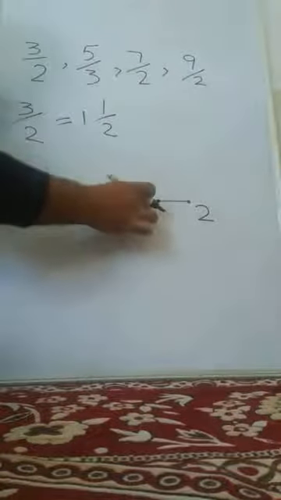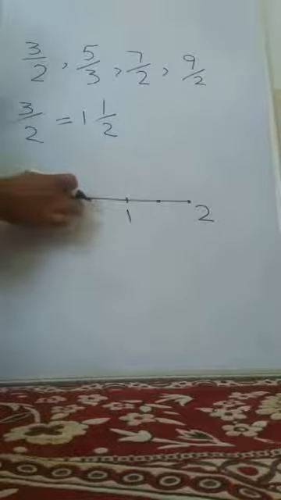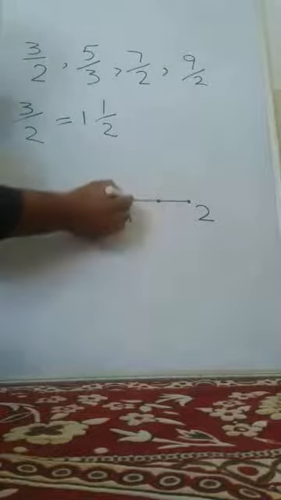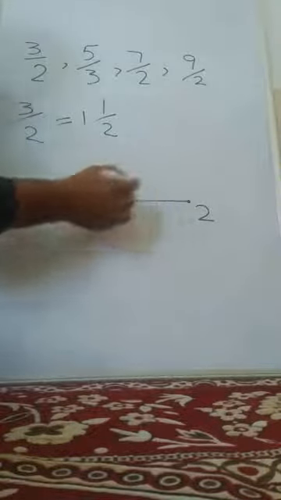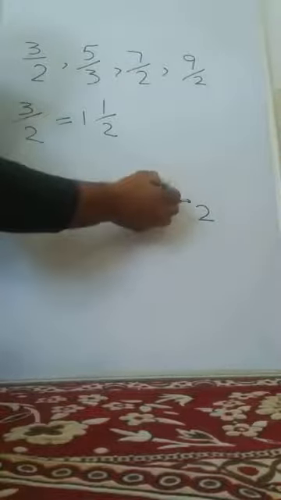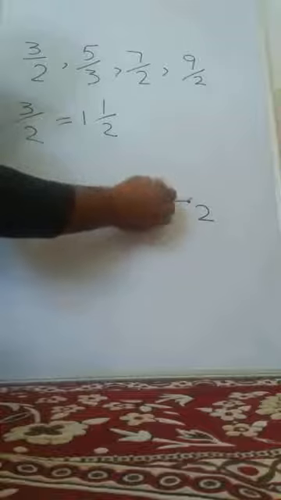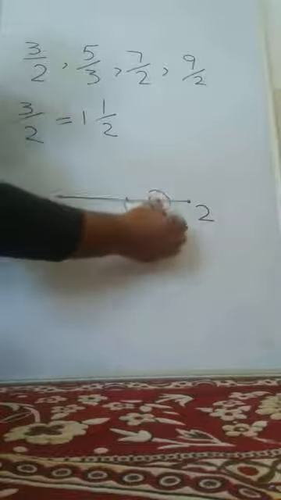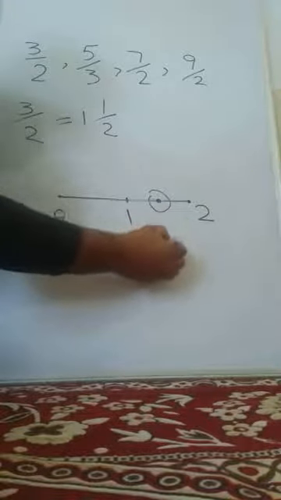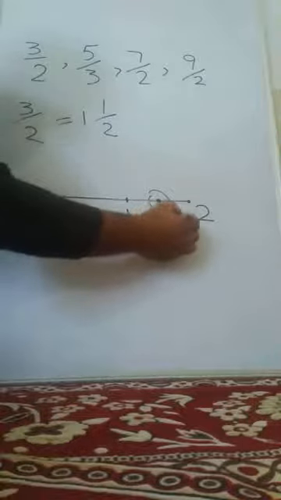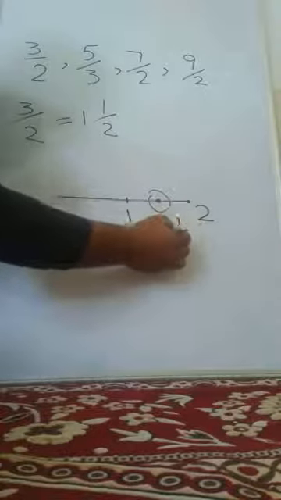From 0 to this point is 1, and from 1 to this point, it is 1 by 2. So this point represents 1, and this point represents 1 and 1 by 2.